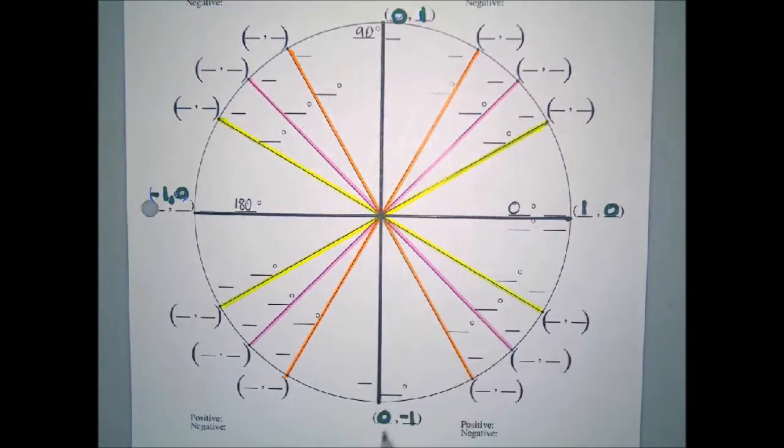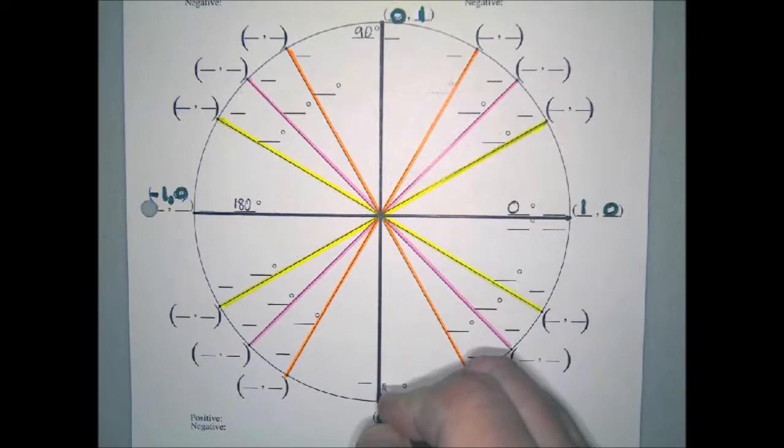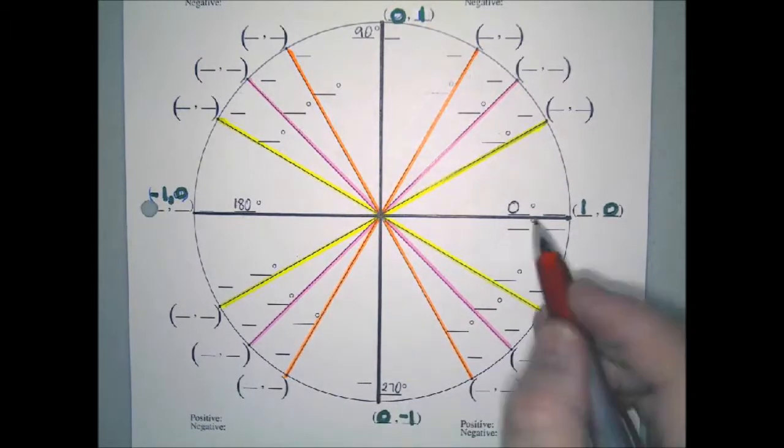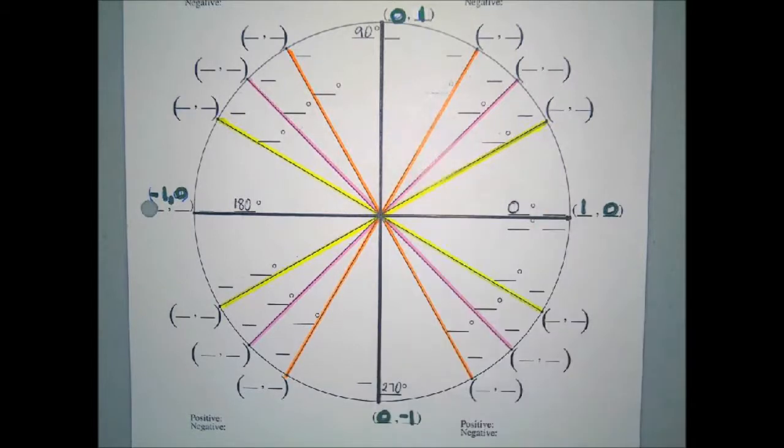Down here, the point would be (0, -1), and it would be 270 degrees. And then we come back here, and not only is this 0, but you could also call this 360 if you want, because you've now gone all the way around.